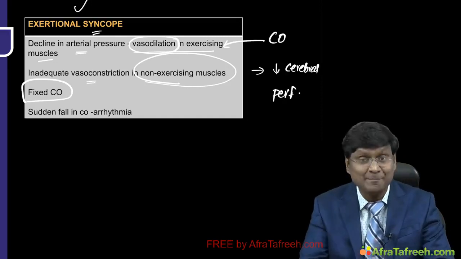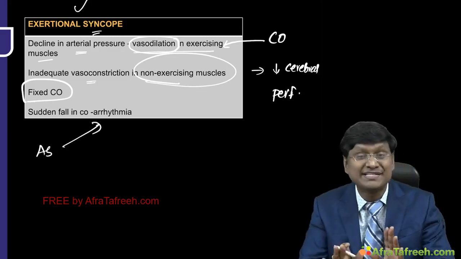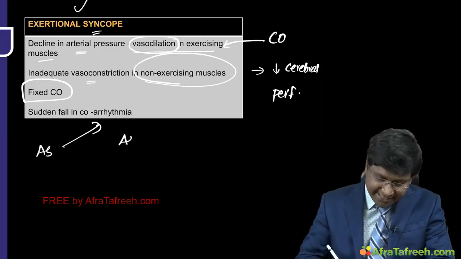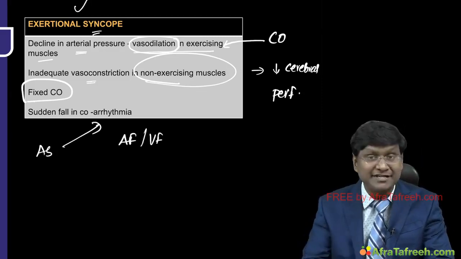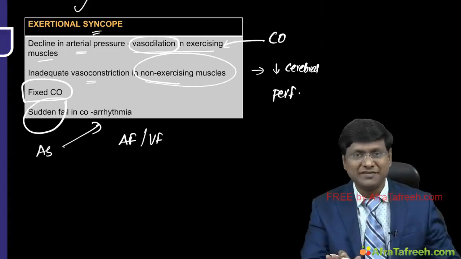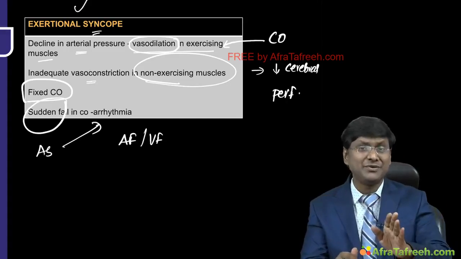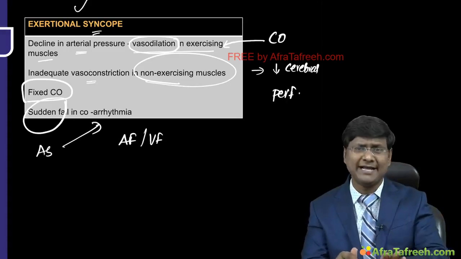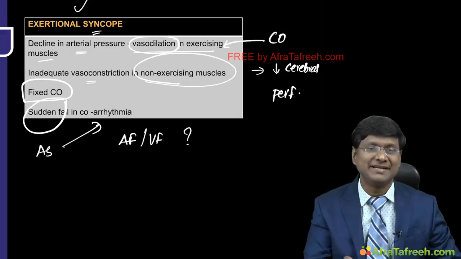And not only that, in patients with aortic stenosis, if there is coexisting arrhythmia like atrial fibrillation or the development of ventricular fibrillation, there can be a sudden fall in the blood pressure of the individual causing the syncopal attack. So if a patient with aortic stenosis had a sudden syncopal attack, one of the differential diagnoses that you need to think of is the development of arrhythmias.